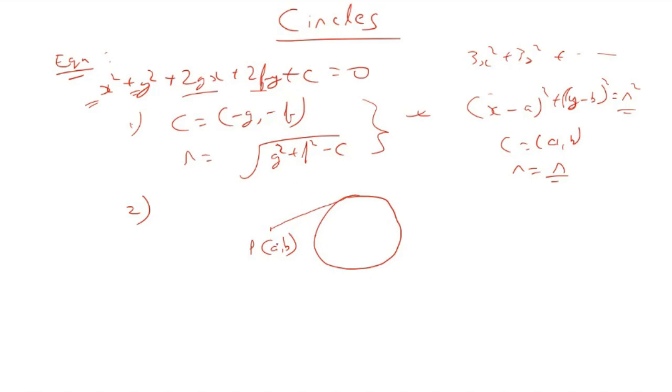If there's a tangent drawn from an external point to this circle, let's call the circle's equation S. So the length of this tangent, L, would be root over S, if you put the value of a, b in the equation of the circle. For example, if this point is 3, 4, then in place of x and y, I'll place 3 and 4, take the square root at the end of it, and I'll get the length of the tangent.